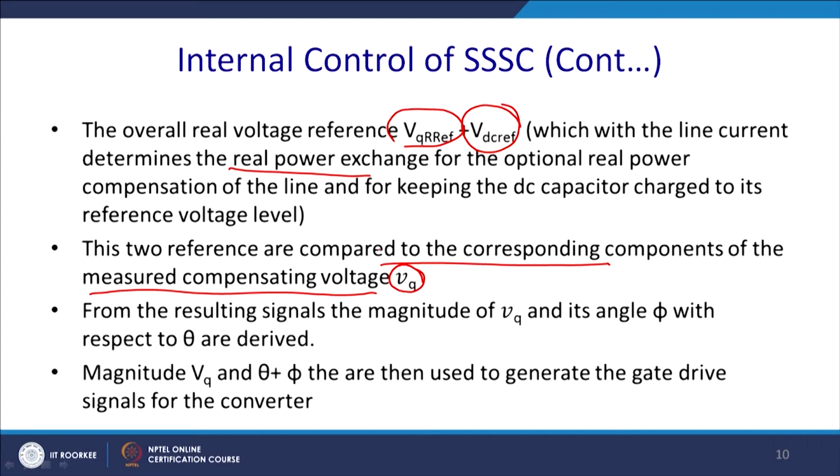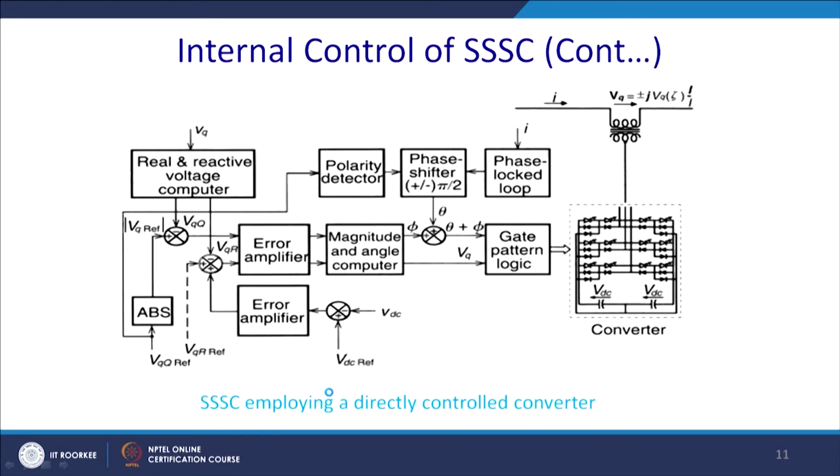From the resulting signals, the magnitude VQ and its angle phi with respect to theta is derived. The magnitude VQ and theta plus phi are then used to generate the gate driver signals to the converter. So, this is the internal control of a directly controlled circuit, and we have to have both phi plus theta and VQ.